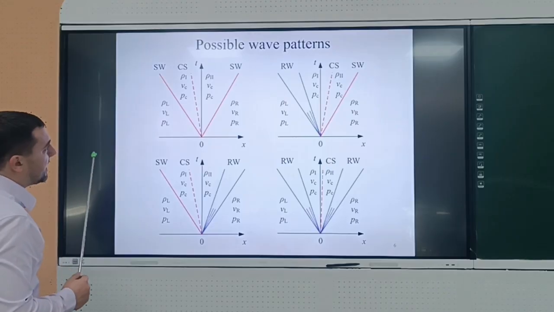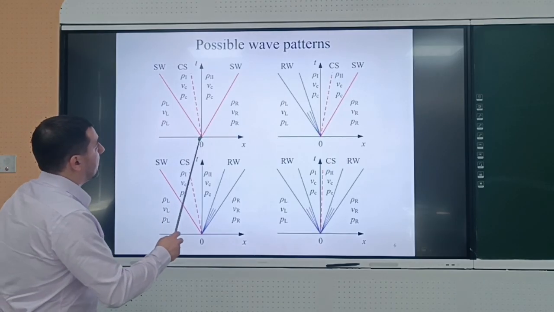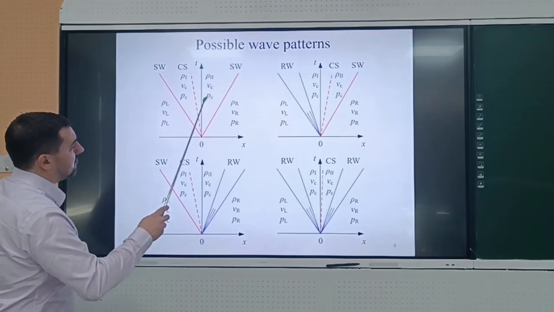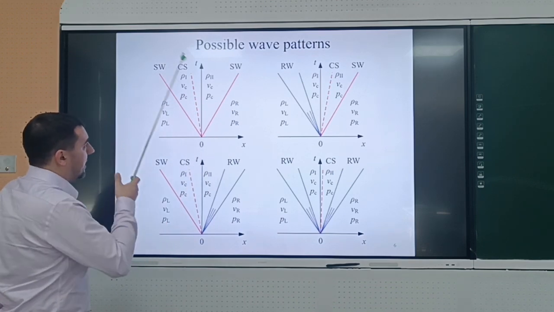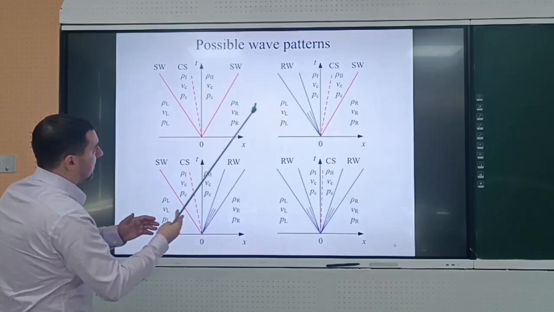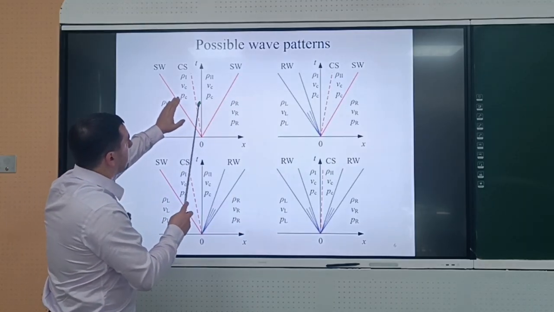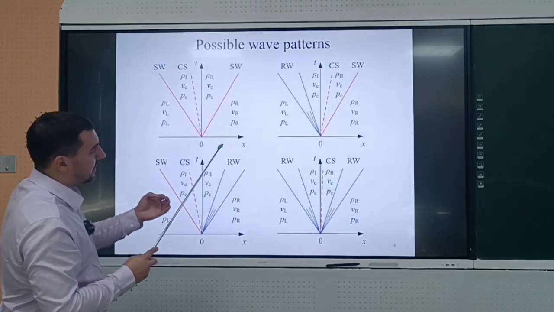And so the idea is as follows. We have the right wave and we have the left wave, and there is some connection of the parameters in front of the wave and behind the wave, and we have it for the right wave and the left wave. But pressure and velocity must be the same across the contact discontinuity. So the idea is as follows.